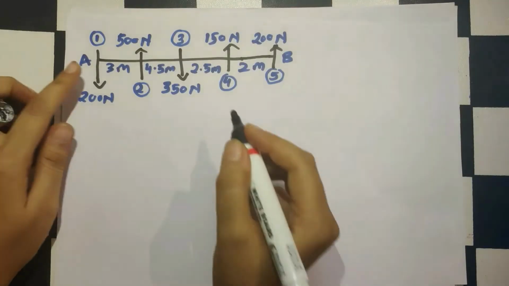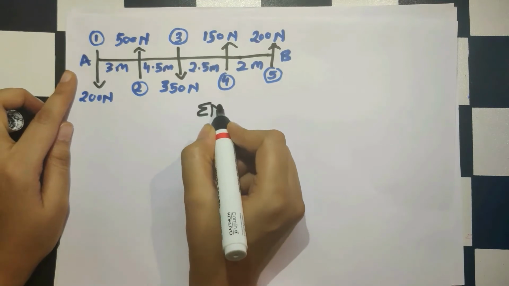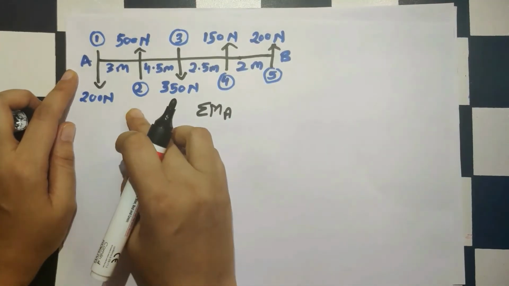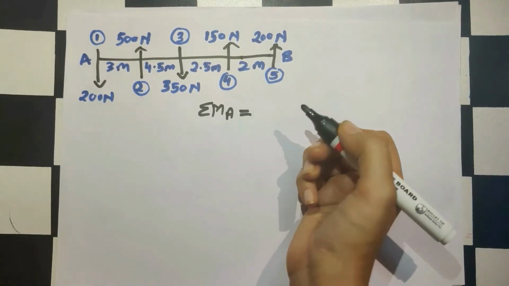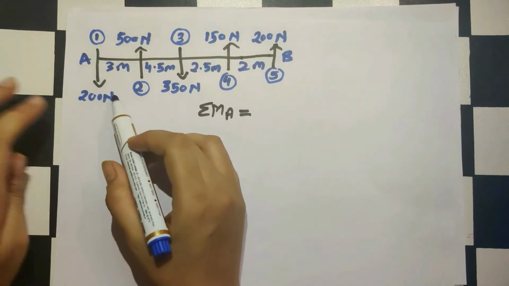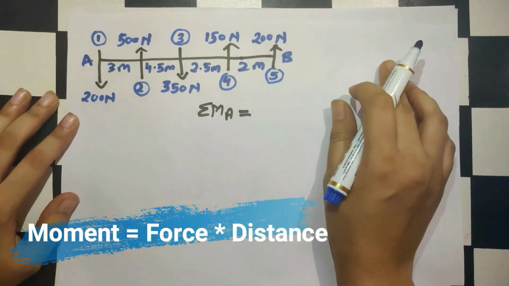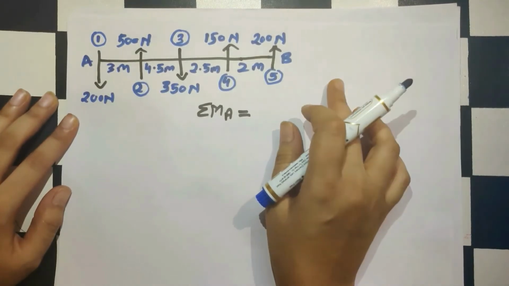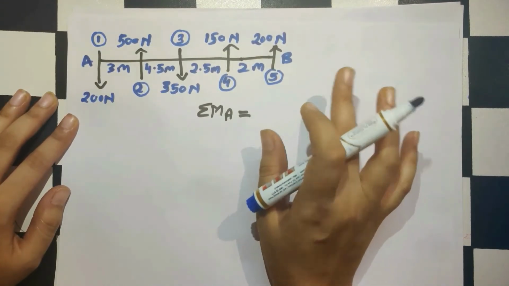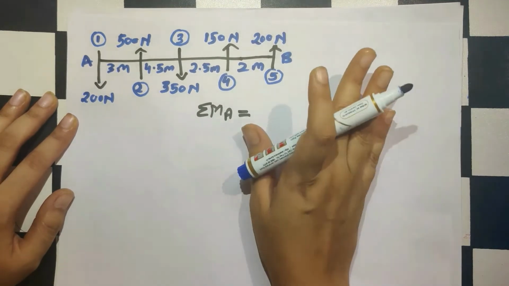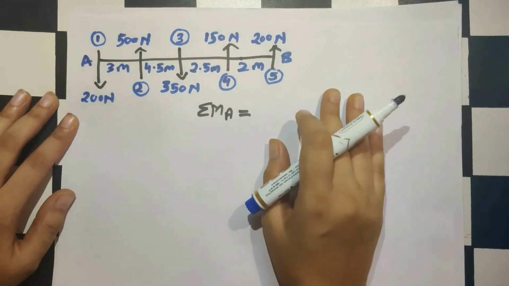Now we have to take the moment of all these forces with respect to point A. Now you know the formula. I assume that you all know the formula for moment, which is nothing but force into distance. Now again, the direction of the distance plays a very important role, whether to take it positive or negative. I'll show you how to take it.